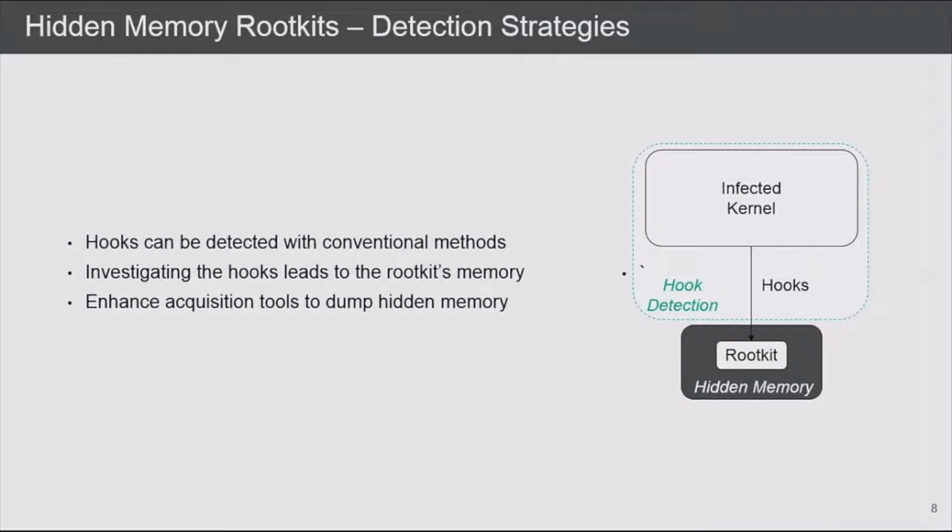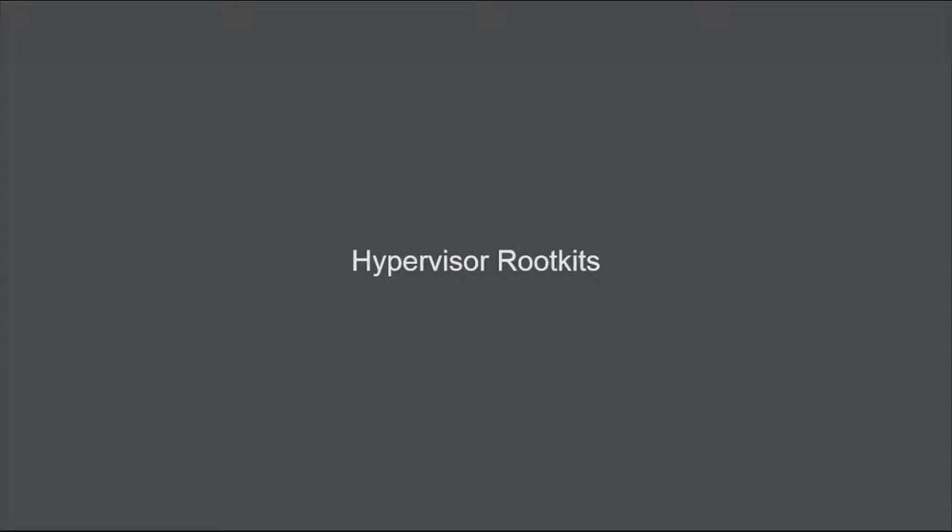And since they only install conventional hooks, they're pretty easy to detect, since we can just use conventional strategies in order to detect those hooks. And we can also try to resolve those hooks, which will directly lead us to the hidden memory. By, for example, enhancing our current acquisition tools, we could use the same access mechanism the rootkit does in order to acquire its contents.